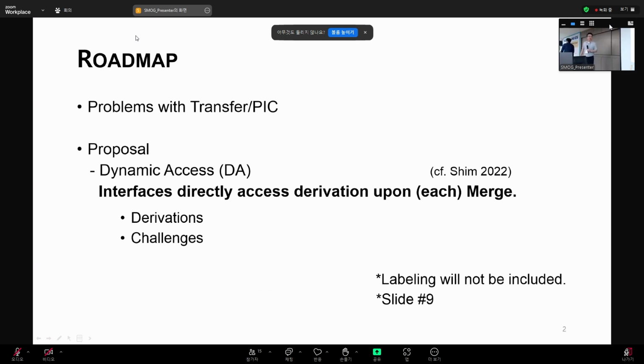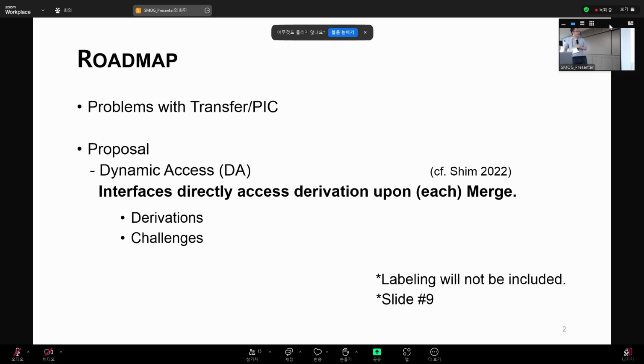So let me begin with a brief overview of my presentation. I'll first briefly talk about some conceptual problems with the operation transfer and PIC, and then I move on to my own proposal that I call dynamic access, in which I basically argue that the interfaces directly access the derivation upon each merge.